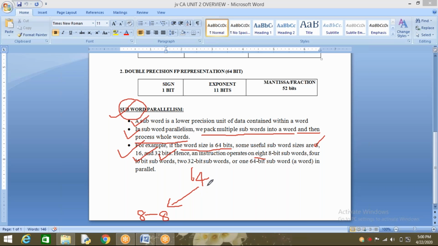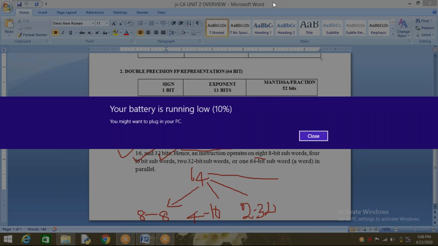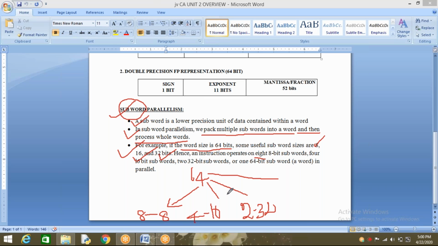If the 64-bit word is divided into 16 bits, we have 4 groups of 16-bit subwords. If the same 64 bits are divided into 32-bit subwords, we have 2 groups of 32-bit subwords. If we take the 64 bits as a single 64-bit subword, we have one group of 64 bits.